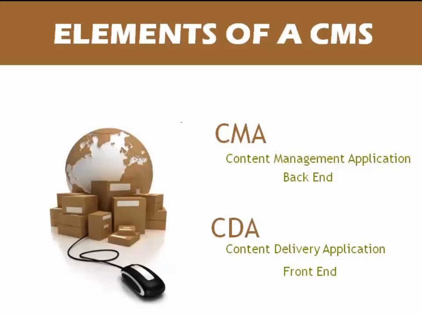So Joomla has two elements: the content management application, where you create and organize your contents, and the content delivery application, where you present your contents in the form of a site. Only the administrator has access to the back end, which is the CMA, while everybody that comes to your site will have access to the front end.